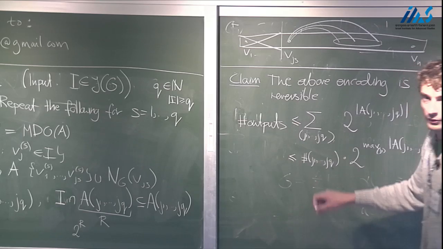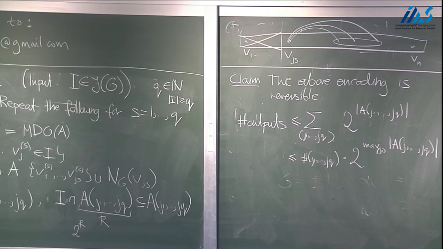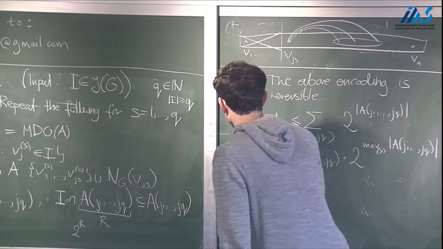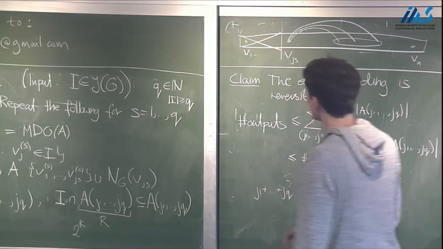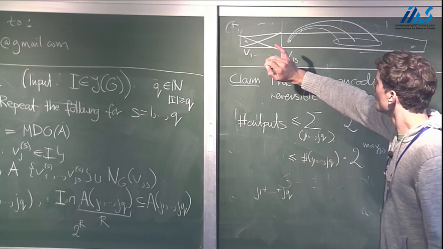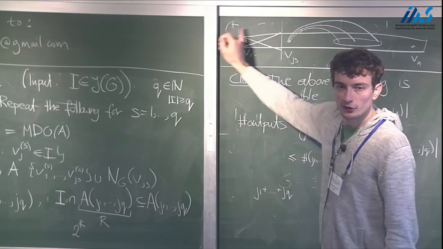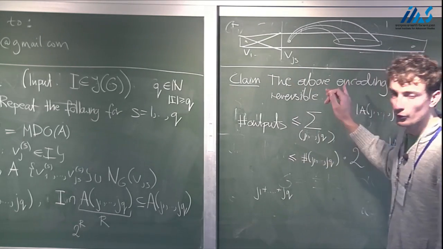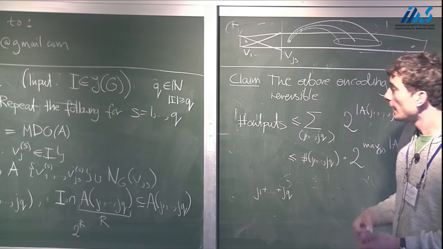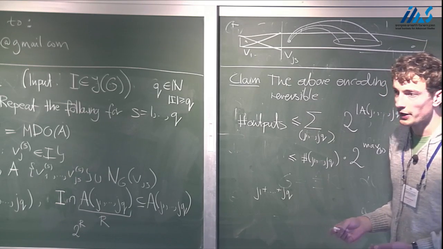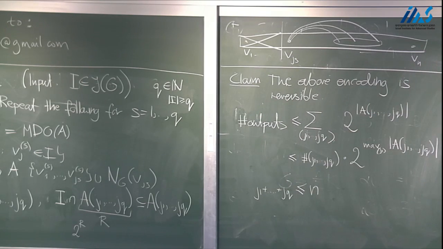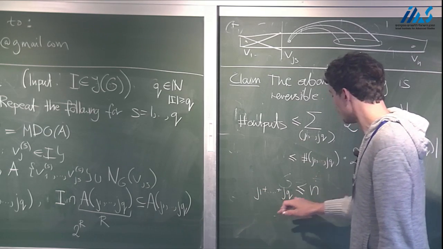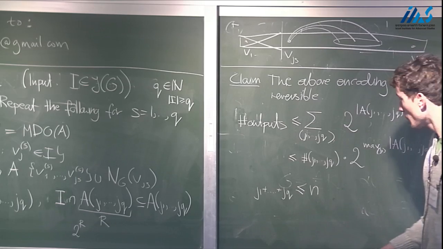Now, J1 through JQ are just numbers, and we can bound their sum as follows. Each time we select J1, we remove J1 elements from A. When we select J2, we remove J2 elements from A, and so on. A in the beginning was a set of n elements, so the sum is at most n. So we have a sequence of Q numbers whose sum is at most n, each of them at least 1.